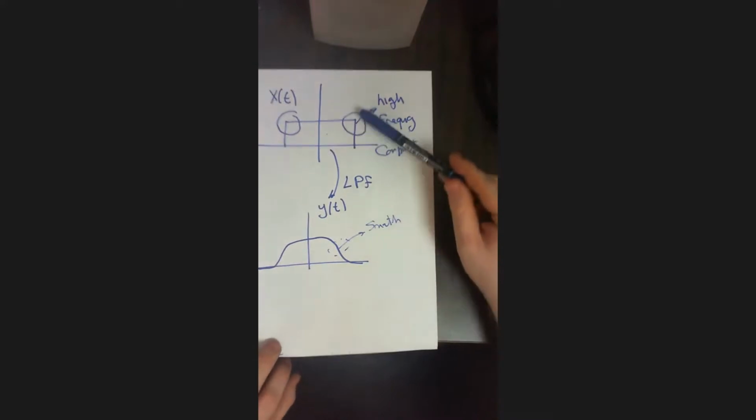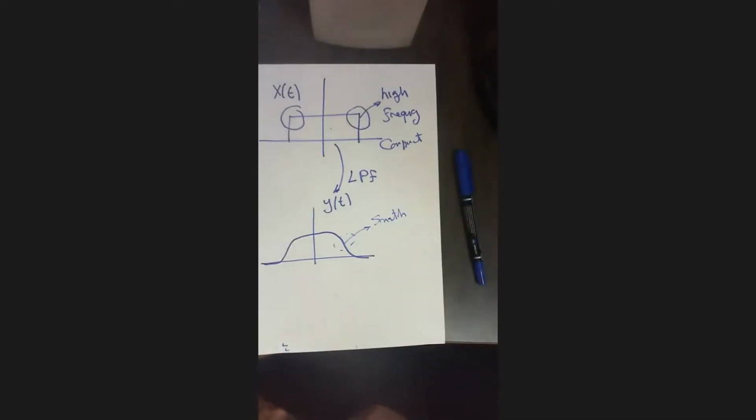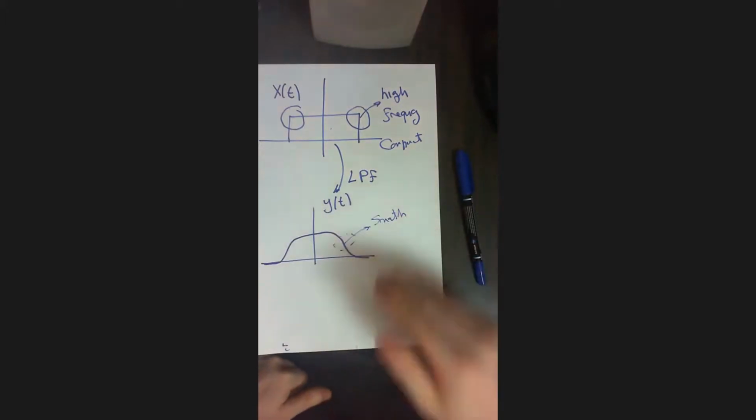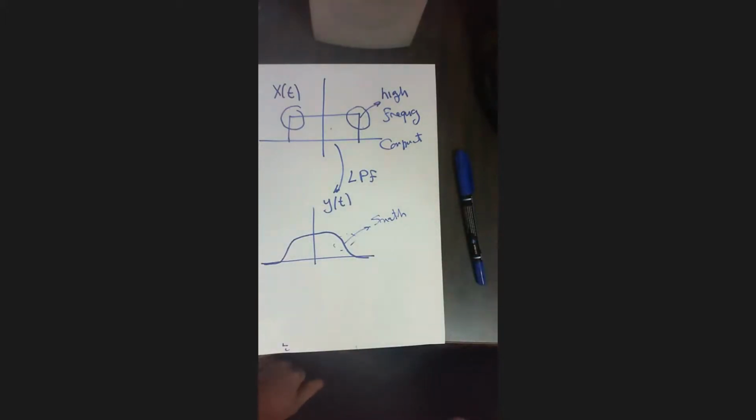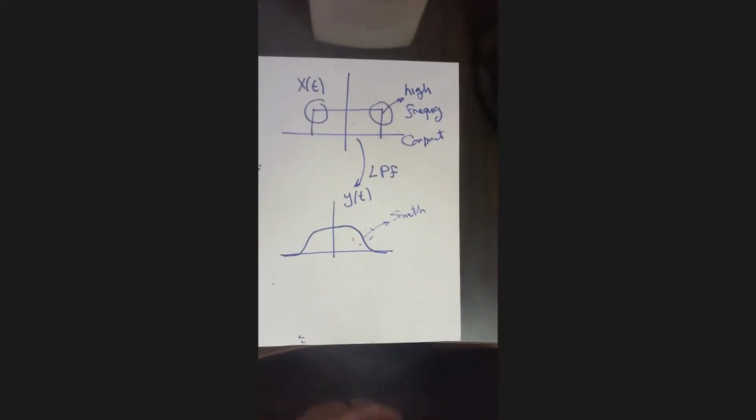And that's why we call the low pass filter a smoothing filter. Whenever you get rid of these sharp edges, your signal becomes more and more smooth. So maybe without using mathematics, you can expect the output y of t in a very easy and simple manner.